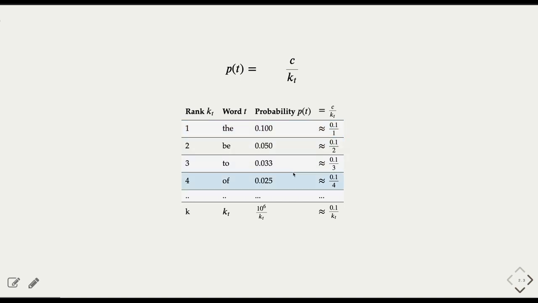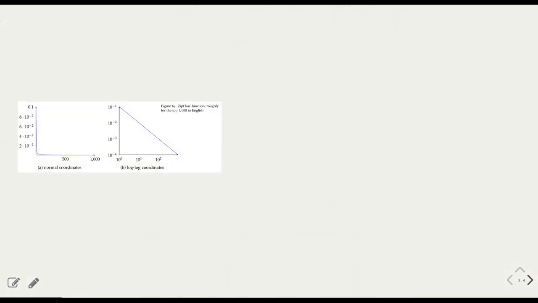So this is still the inverse relation between the two. And if you plot this inverse relation on the regular coordinate system, it's going to show this very long tail distribution.